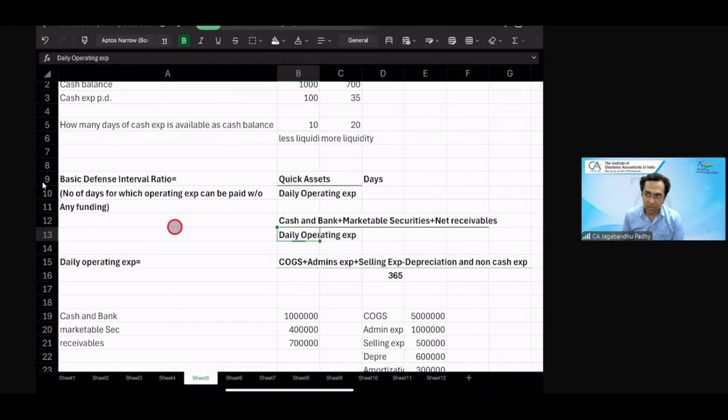We can calculate the daily operating expenses as COGS plus admin expense plus selling expense minus depreciation and non-cash expenses. And then we just divide the entire thing by 365. Okay. So that's your daily operating expenses.